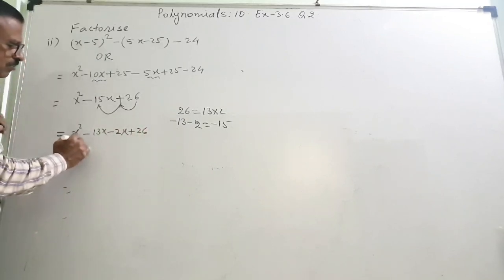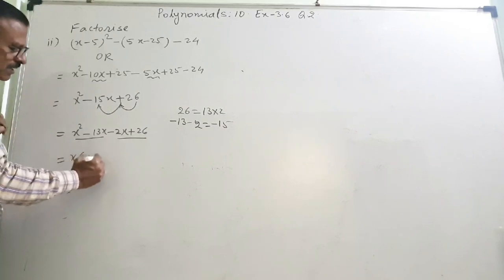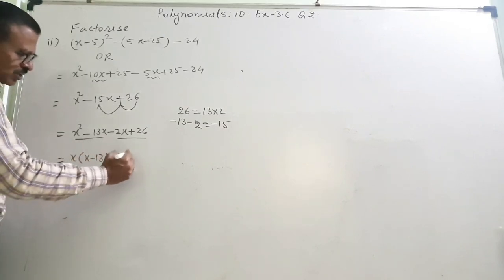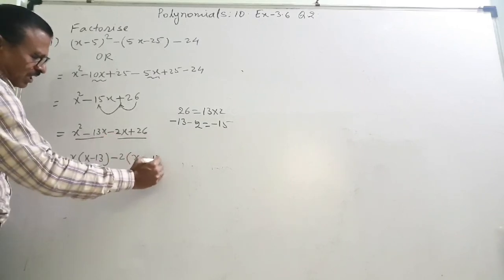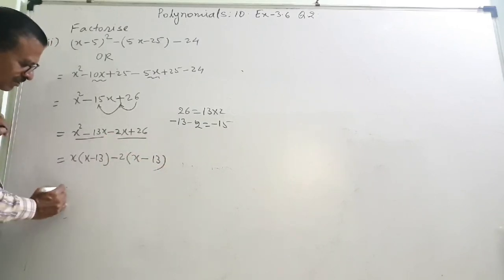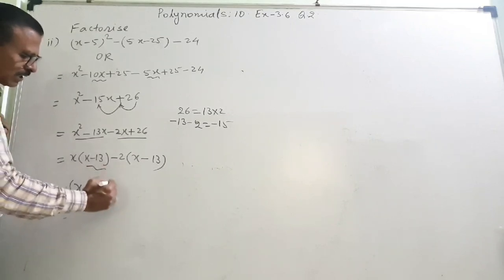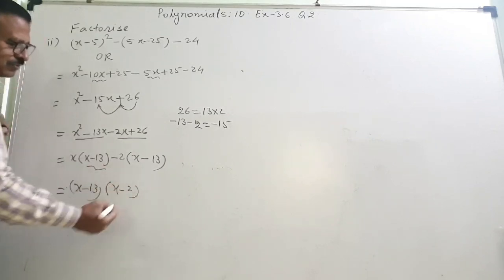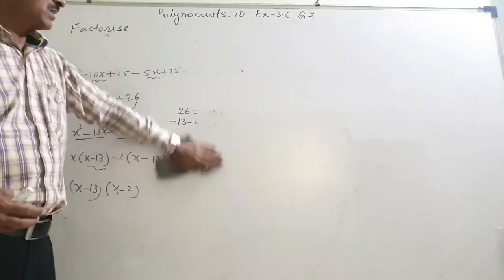Make two groups: x is common, x minus 13; minus 2 is common, x minus 13. That is equal to (x minus 13)(x minus 2). This way you can complete. So there are two ways for solving this.